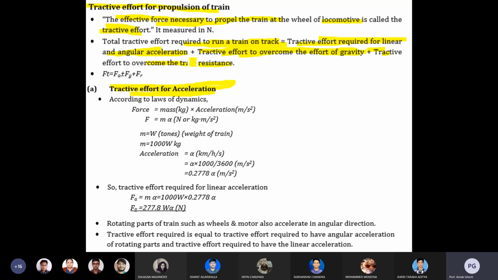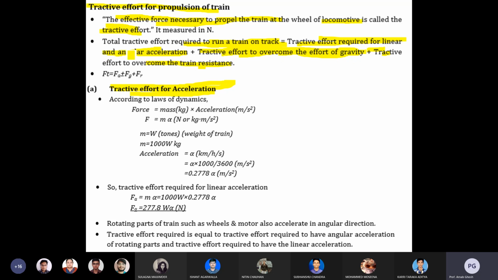One condition is the static position, that is, overcoming the train resistance. Second condition is that it is valid for friction as well as the effort to overcome gravity. You have to overcome it when the train is in standstill condition, and when the train is running, gravity is there also.